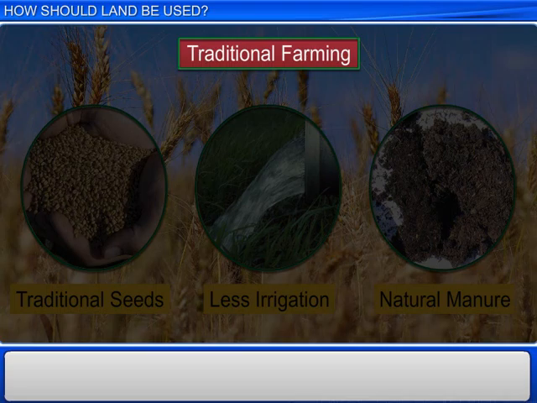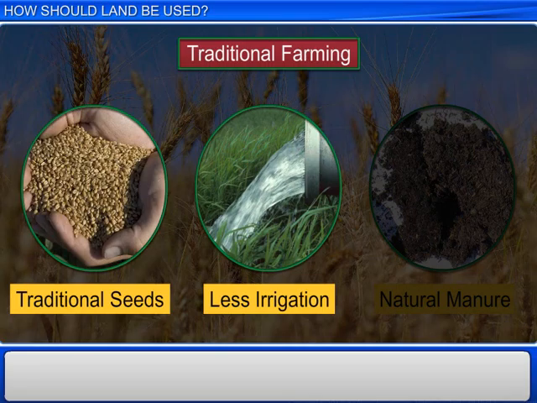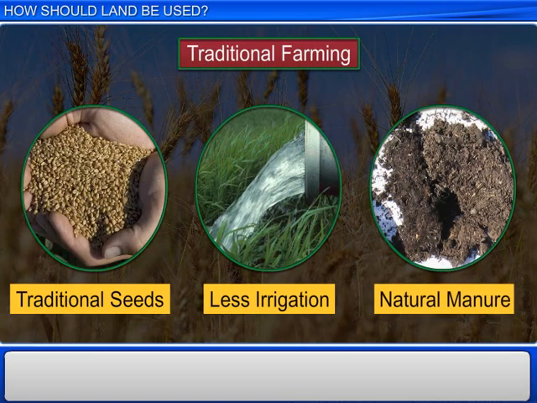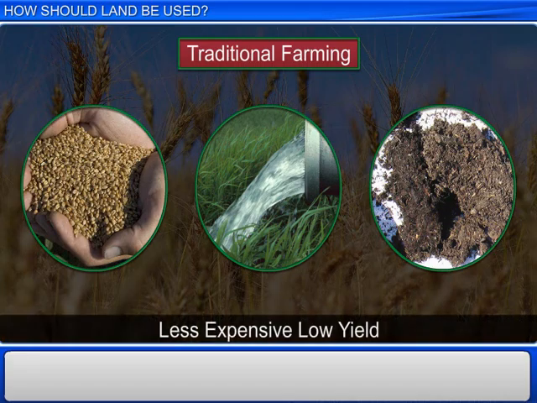Till the 1960s, crops were grown using traditional seeds that required less irrigation and grew well with natural manure made from cattle dung. Traditional farming is less expensive as the farmer does not have to buy too many things, but it produces a lower yield of crop.